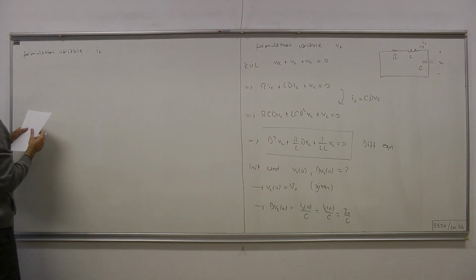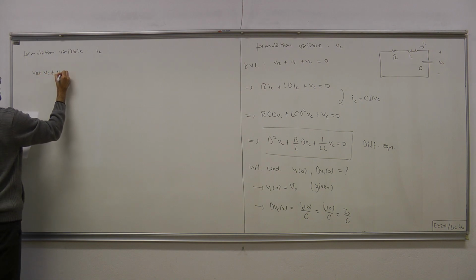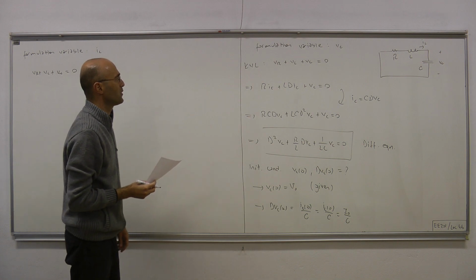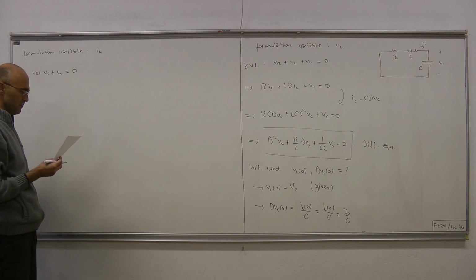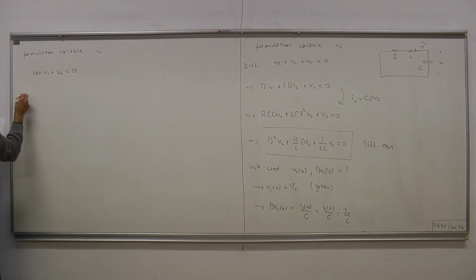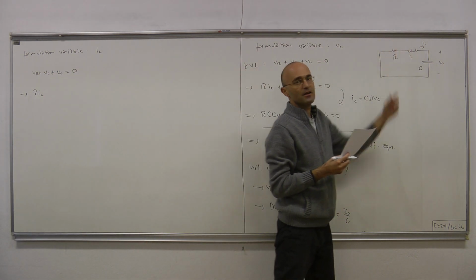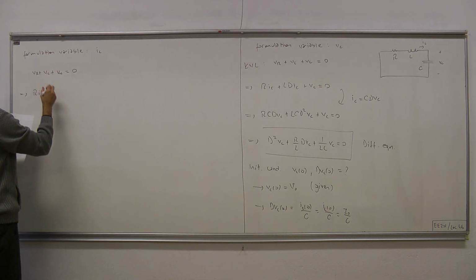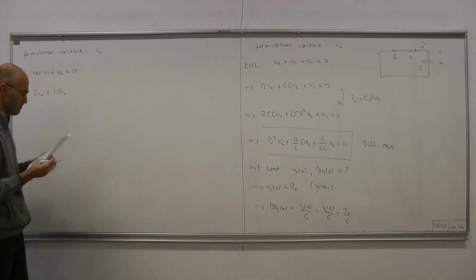Again, let's start from KVL: VR plus VL plus VC equals 0. This time we want to express everything in terms of IL and its derivatives. So let's do that. VR is R IL, clearly. Then we have VL, which by the terminal equation of the inductor is L dIL.